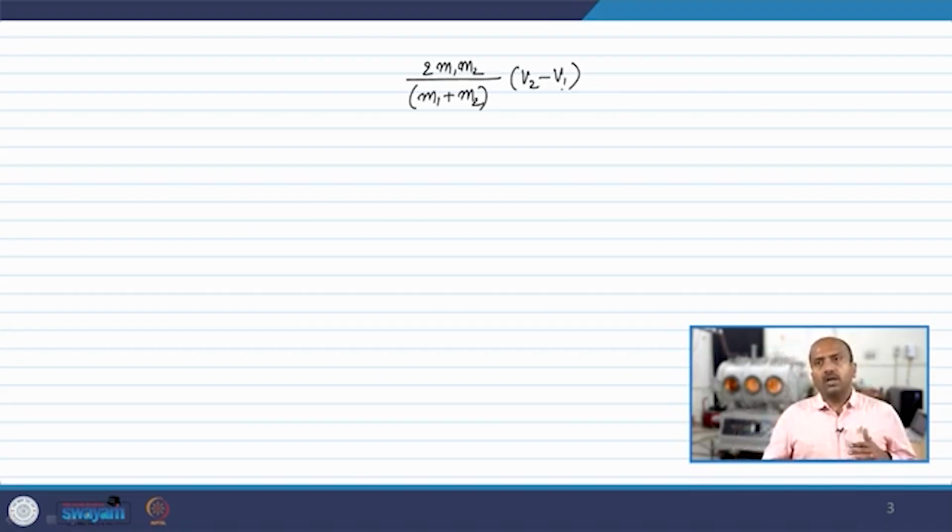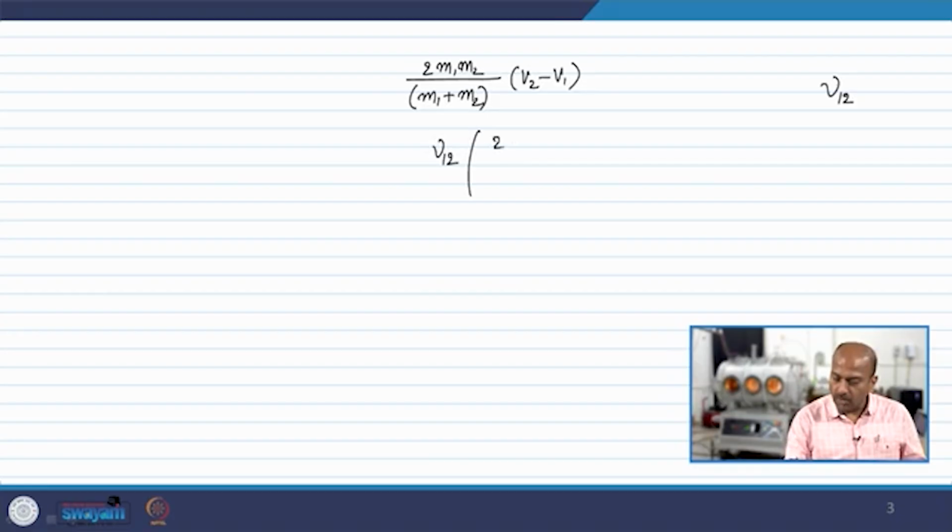Now assume the collisions are happening at a frequency, let us say nu. There are nu collisions per unit time. This is the frequency of collision of 1 with 2. Then, if there are nu 1,2 collisions per unit time, the gain of momentum would happen at a rate of nu 1,2 times 2 m1 m2 divided by m1 plus m2 times (v2 minus v1).